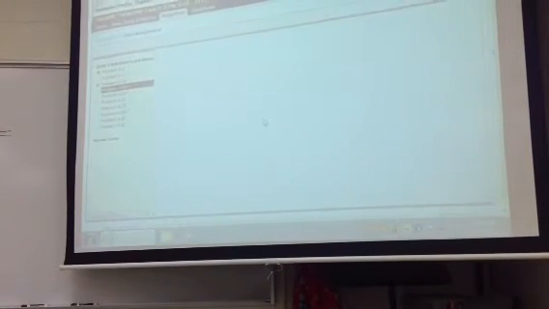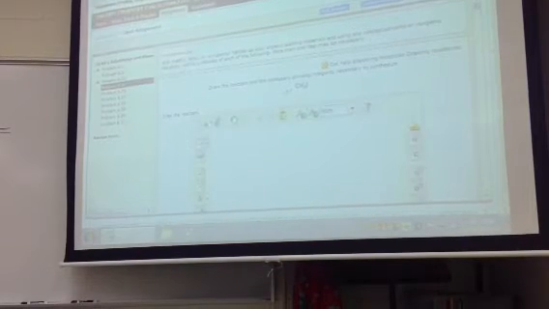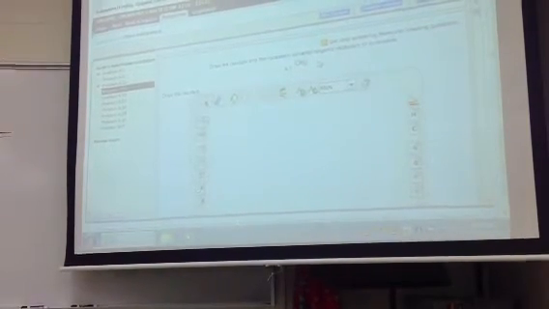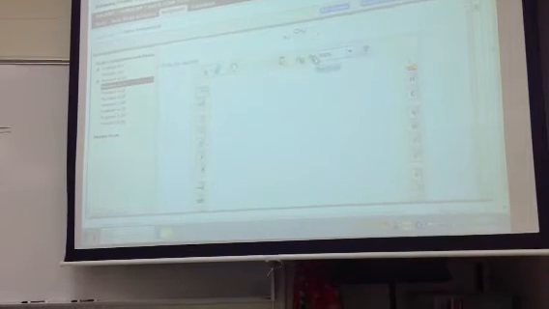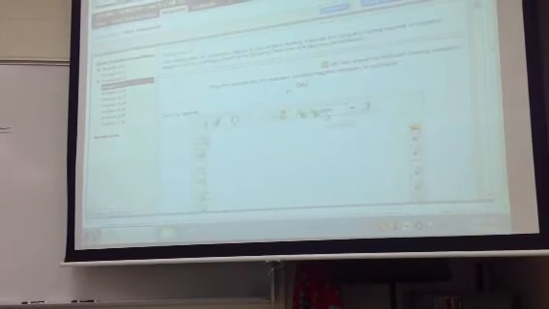Let's see what this one was. Okay, so we want to make this. And it says draw the reactant and the necessary solvents or reagents. So the reactant here would probably be methyl bromide.